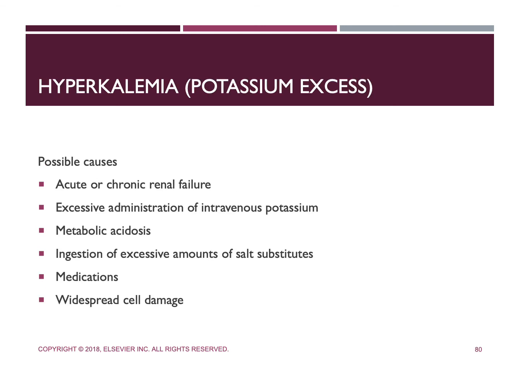Now, hyperkalemia, which is excess potassium, may occur because of acute or chronic renal failure. It might be due to excessive administration of intravenous potassium, metabolic acidosis, ingestion of excessive amounts of salt substitutes or medications, or widespread cell damage like crushing injuries or burns.